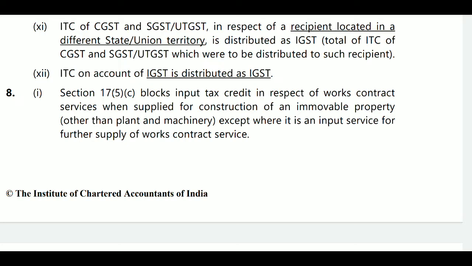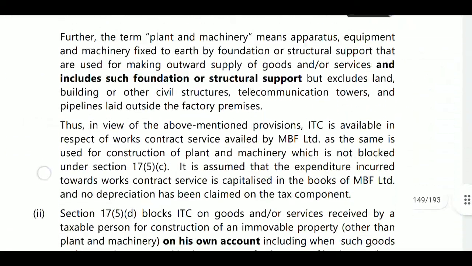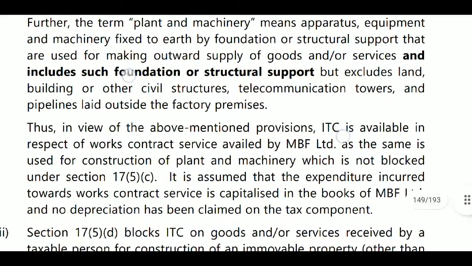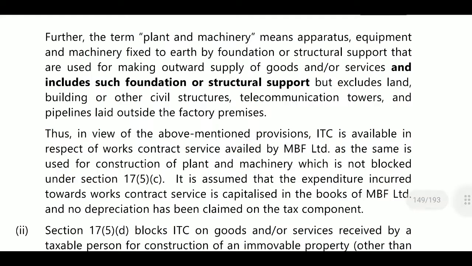And further, in terms of plant and machinery, it means apparatus and equipment fixed to the earth by foundation or structural support. What is meant by plant and machinery? Plant and machinery means items fixed to the earth by foundation or structural support that are used for making outward supplies of goods and services, and includes such foundation or structural support, but excludes land, building or other civil structures, telecommunication towers, and pipelines laid outside the factory premises.